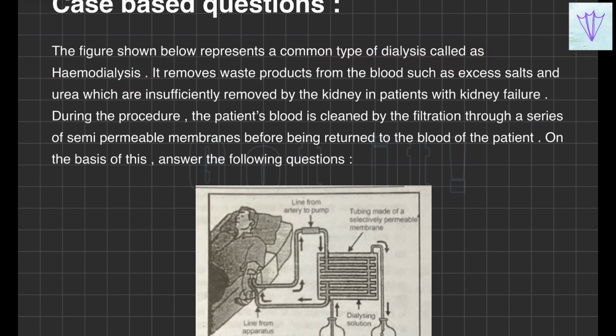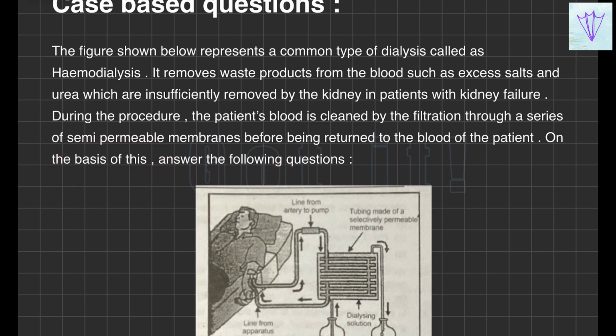It removes waste products from blood such as excess salts and urea, which are insufficiently removed by the kidney in patients with kidney failure. During the procedure, the patient's blood is cleaned by filtration through a series of semi-permeable membranes before being returned to the blood of the patient. On the basis of this, answer the following questions.